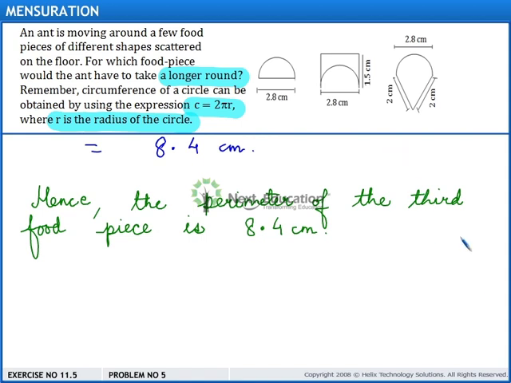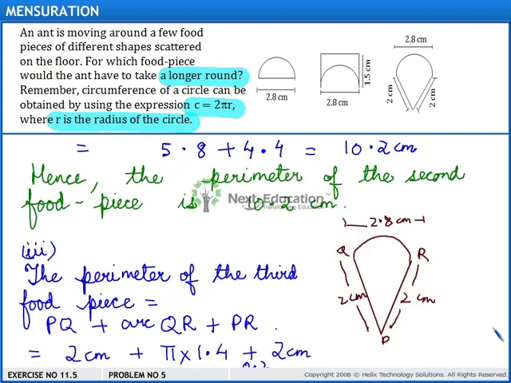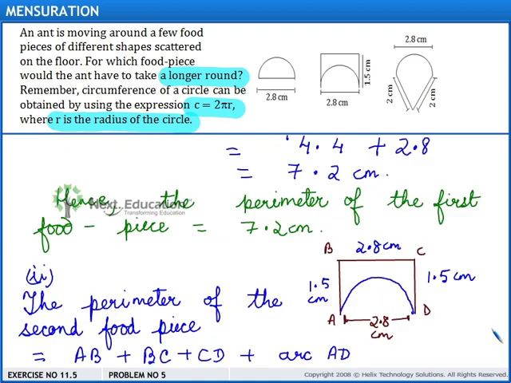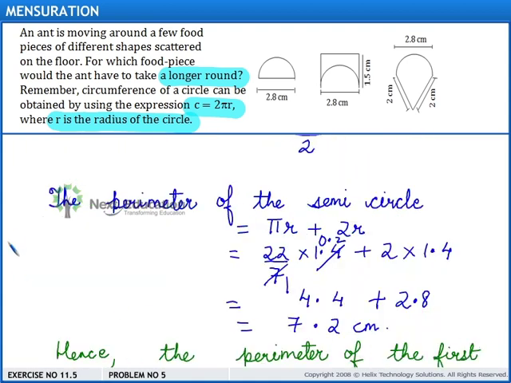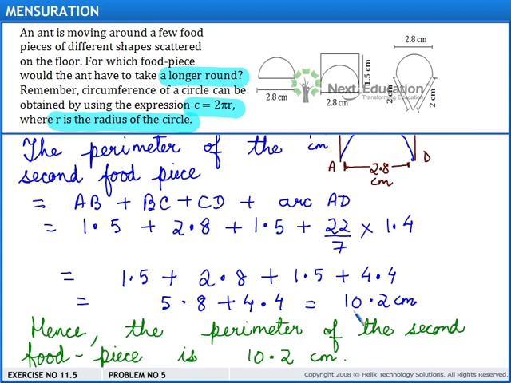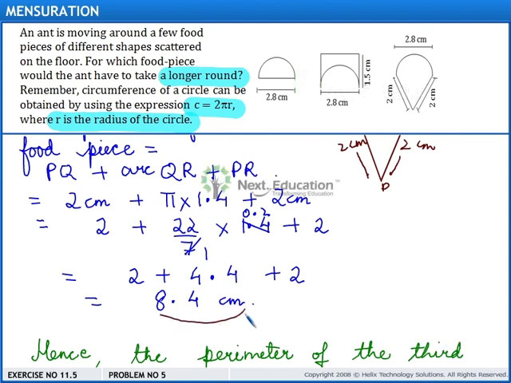For the first footpiece, we have found that the perimeter is 7.2 centimeters. For the second footpiece, it is 10.2 centimeters, and for the third footpiece, it is 8.4 centimeters.